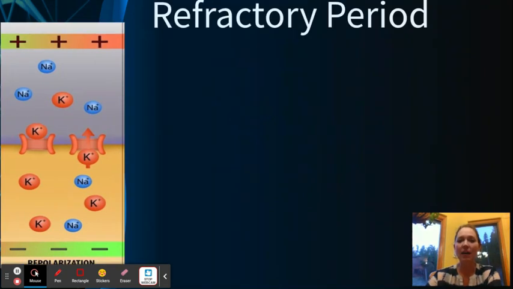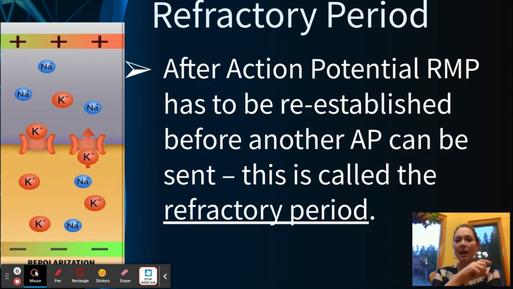Now we have this period called the refractory period. It's after the action potential has passed, and it's there to reestablish the resting membrane potential. So it goes extra negative. More potassium leaves, and it goes even lower than the negative 70 millivolts.